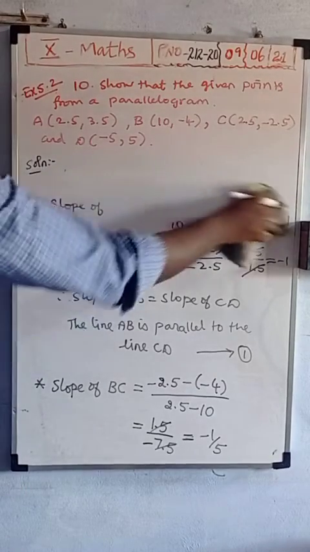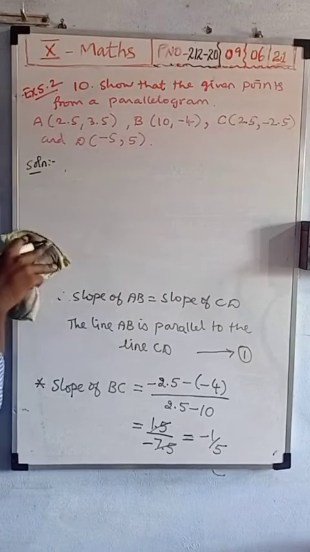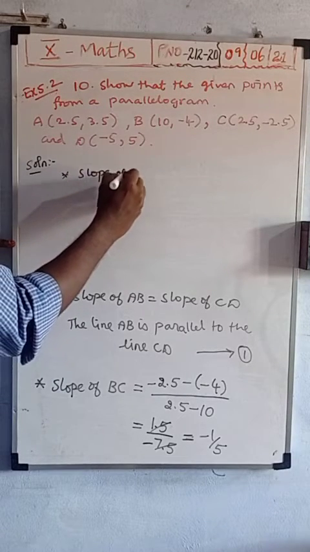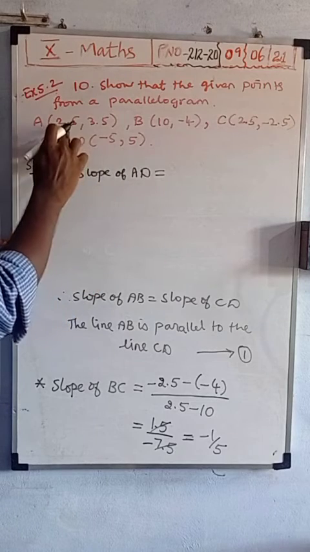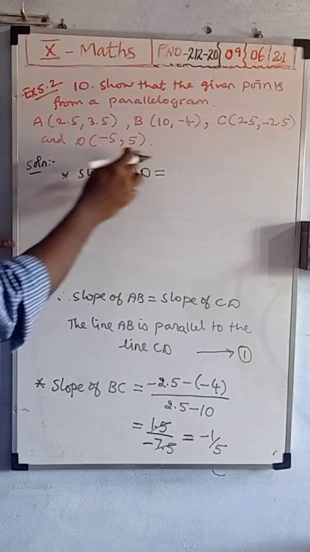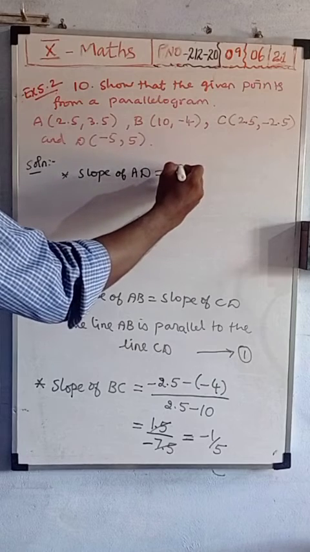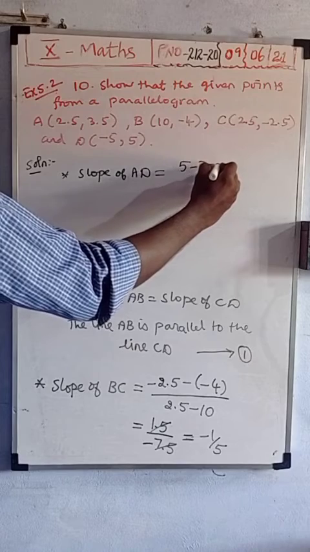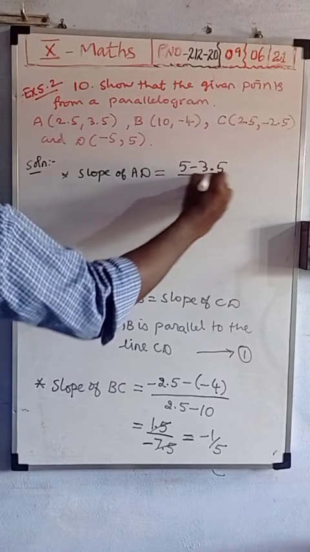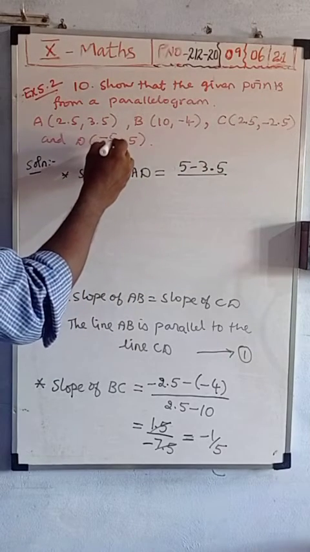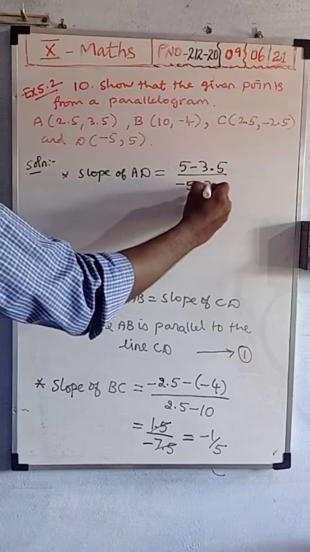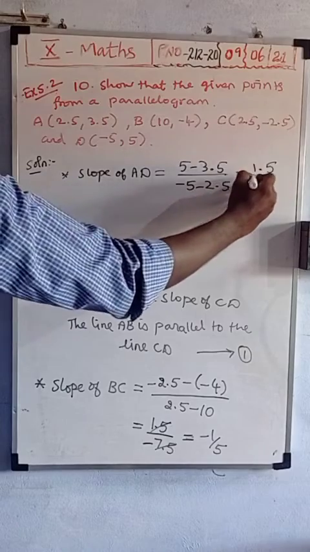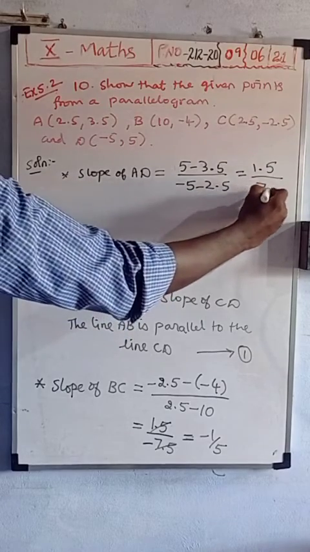Next the slope of AD. A point is (x1, y1), D point is (x2, y2). So y2 minus y1: 5 minus 3.5, divided by x2 minus x1: minus 5 minus 2.5. So 1.5 divided by minus 7.5.